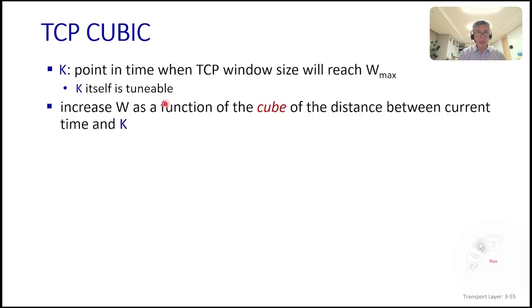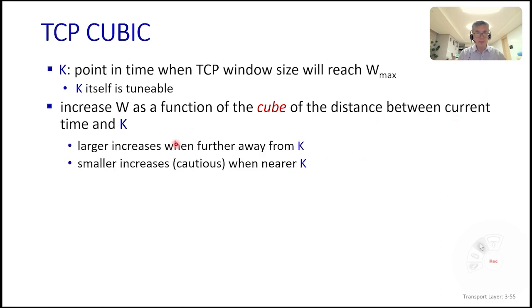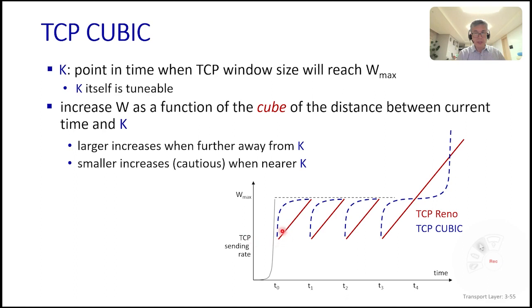The window increases as a function of the cube of the distance between the current time and K. So when further away from K, it increases larger, and when near K, it increases more cautiously, with smaller increases.